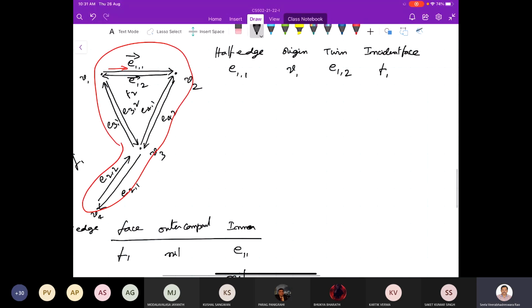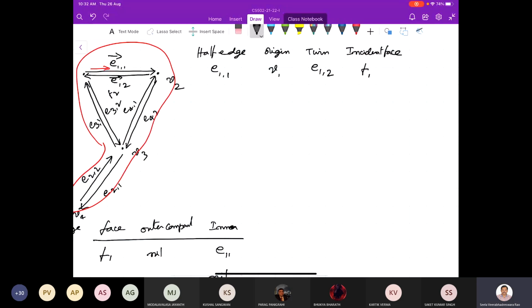Okay. And there are two more records. What is the next and previous? So now if you look at this off edge E11, okay, and you go to the destination of this off edge, and you see what is there immediately next in the clockwise direction.